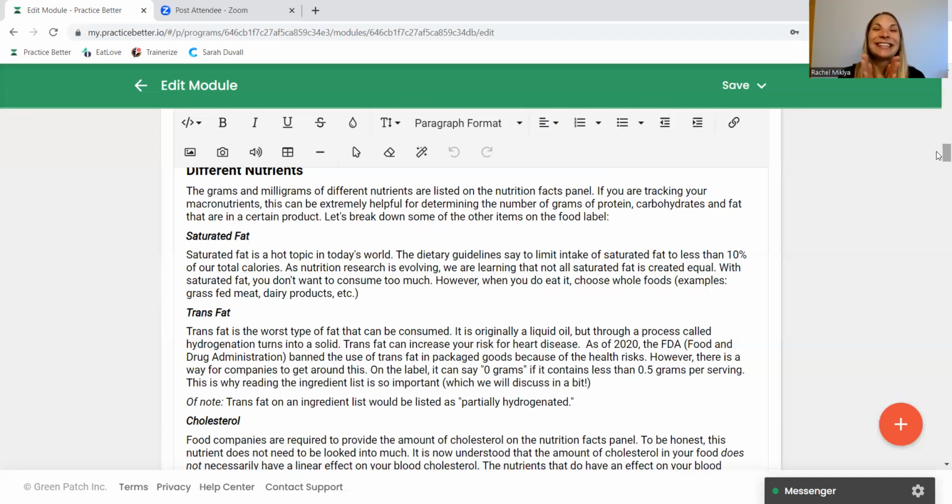If there is less than 0.5 grams of something within a food, they don't need to list it on the nutrition facts panel. So they can put trans fat in your food items and say 0 grams, but if you eat a lot of that food item, you're going to get a lot of trans fat if it's 0.5 grams in there, and they don't have to include it on the nutrition facts panel.